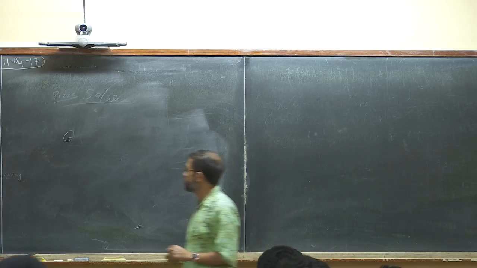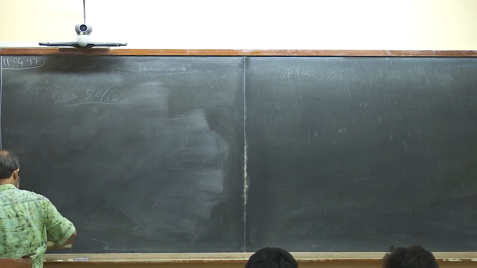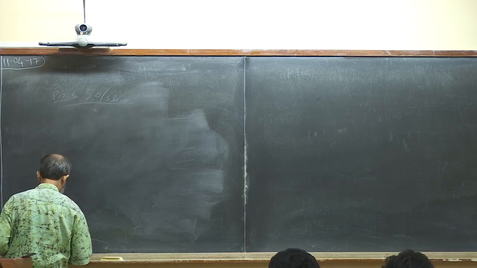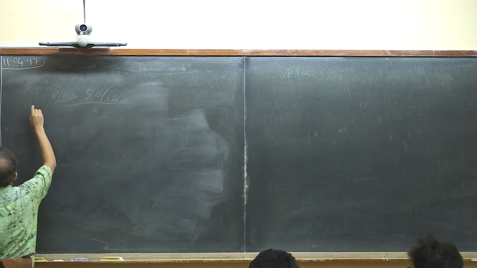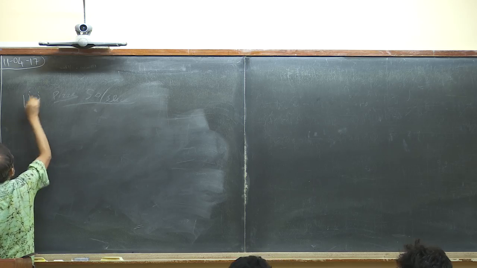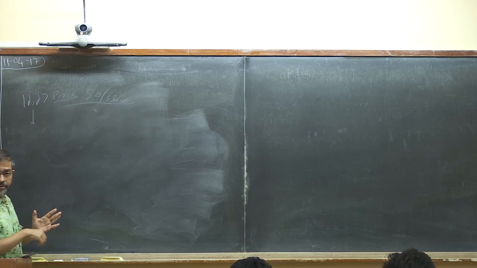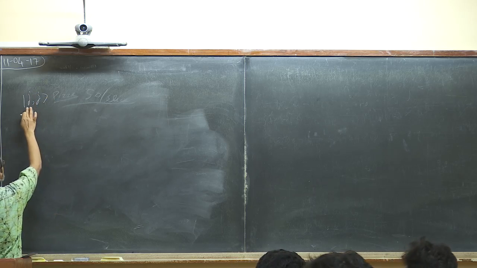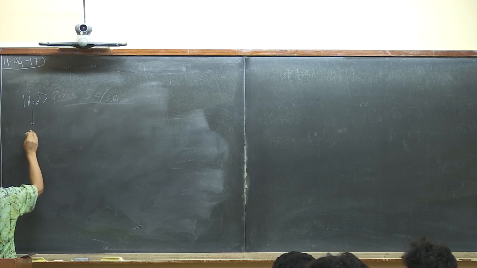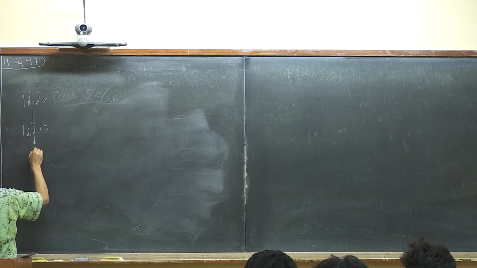Expressions of SU(2), and just to remind you what we did. We are going to use slightly different notation this time. This is the usual J notation, which I think all of you are familiar with.